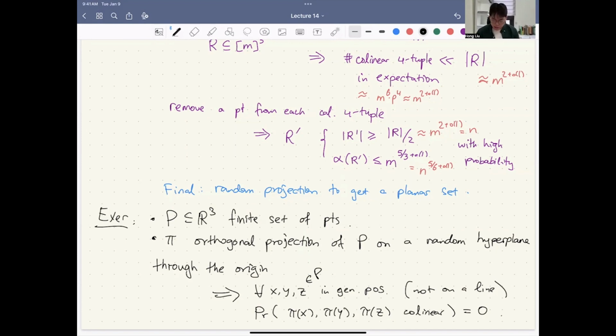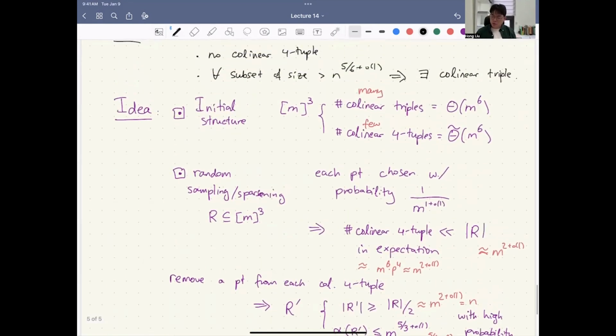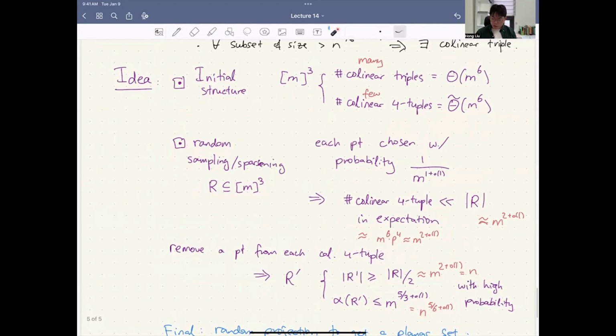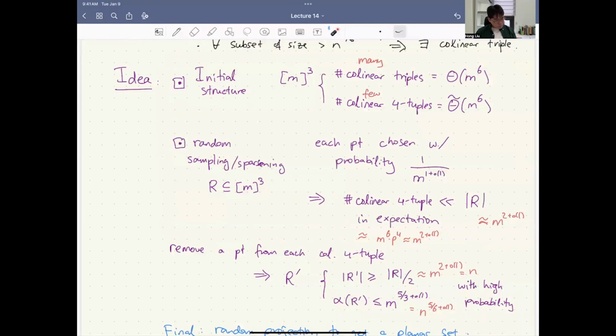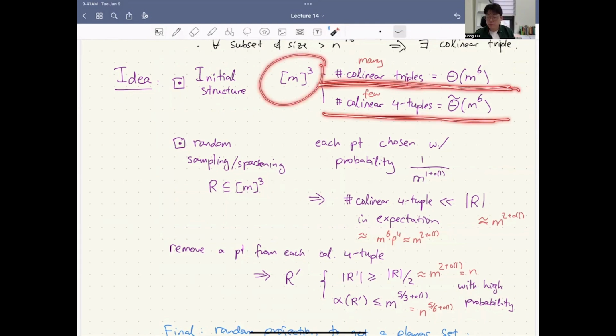Let me mention some key steps we need to invoke the hypergraph container to get this construction, get this idea to work. What are the key things we need? Let's do a simple calculation: compute the number of collinear triples and 4-tuples in this 3-dimensional cube. Let's do the lower bound first.